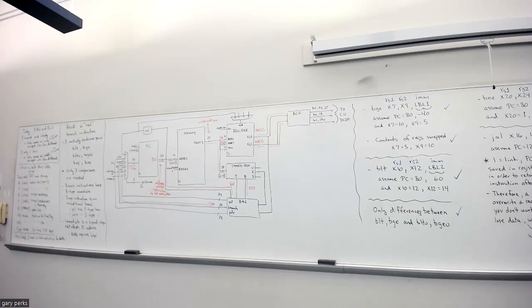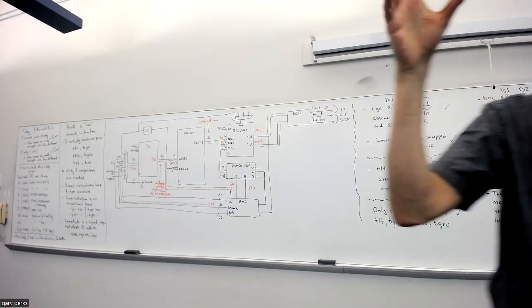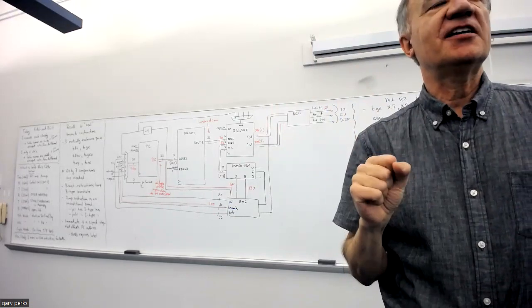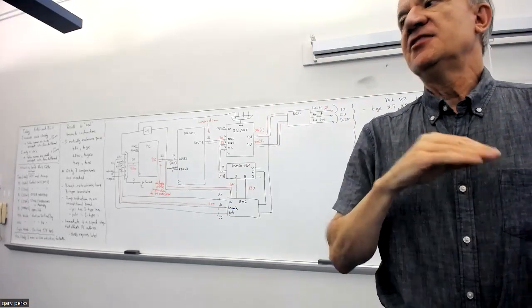To play it safe and make sure you don't overwrite data you might need, you could just specify that the register where the address is going to be saved is register 0, X0. And what's special about register 0, X0? It's always 0.